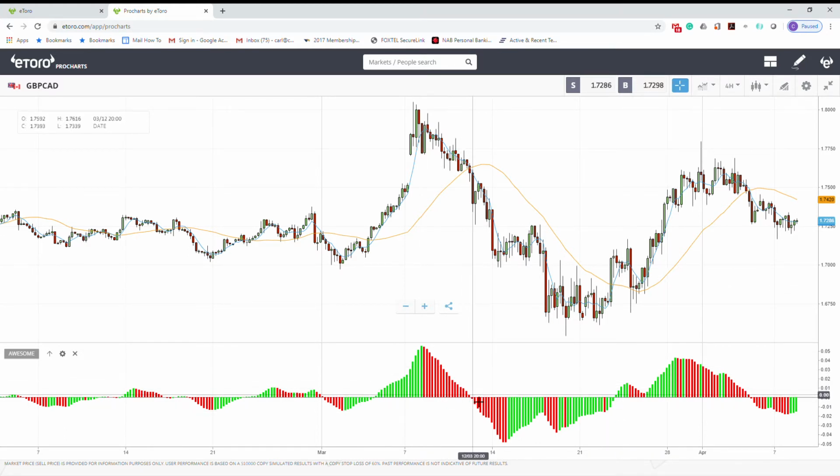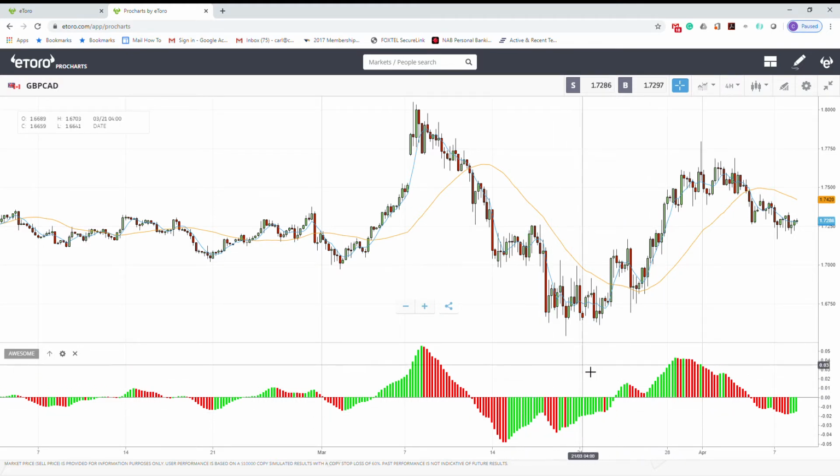This is a very simple and easy signal, which you can get just from using these two moving averages. The fast moving average crosses the other moving average from above to below, so here we have a sell signal.